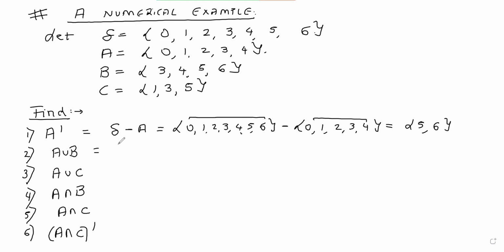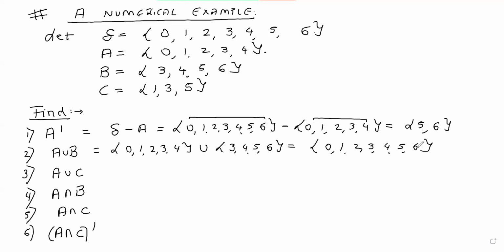A union B is nothing but I just simply take all the elements of A and B together and I write them. So A union B is 0, 1, 2, 3, 4, 5, 6. Now students should know, even though 3, 4 is coming here, and 3, 4 is coming here, I will write it only once. I will not write it twice.